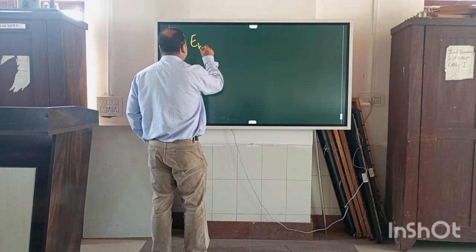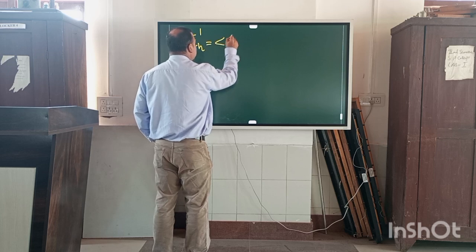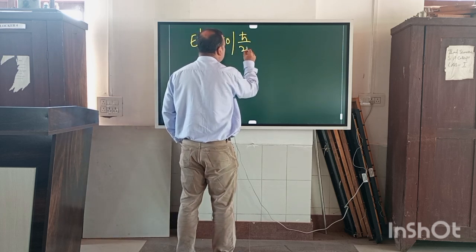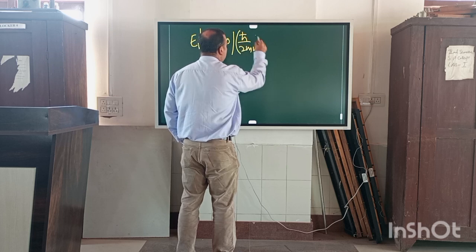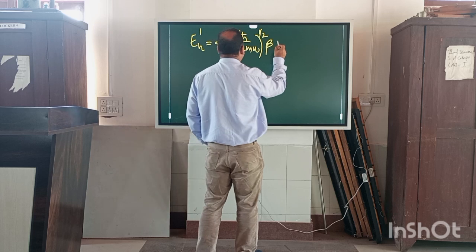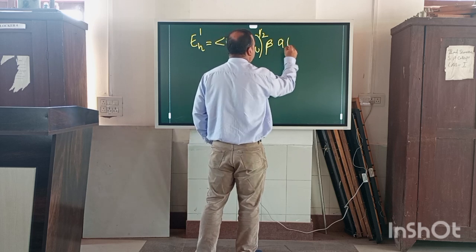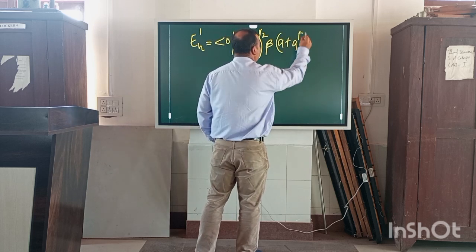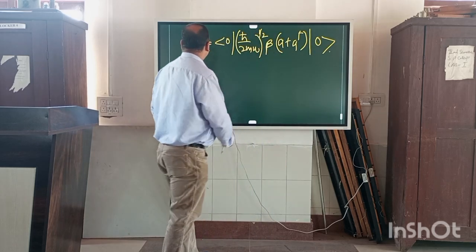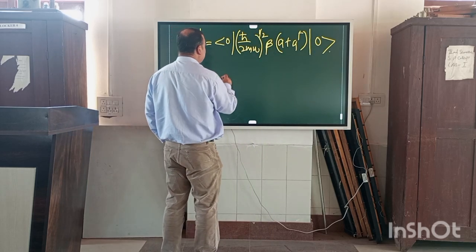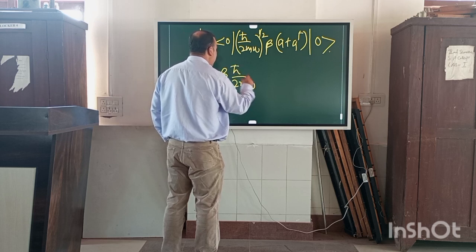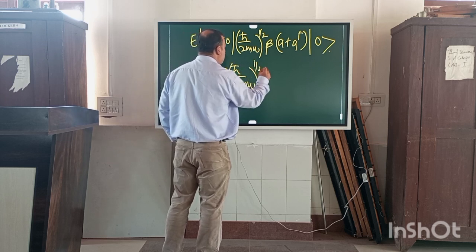I will get En1, that will be <0|, and then I will have h bar by 2m omega raised power 1 by 2, with beta, and then a plus a dagger, closed with the state |0>. So I can take beta and h bar by 2m omega raised power 1 by 2 out.